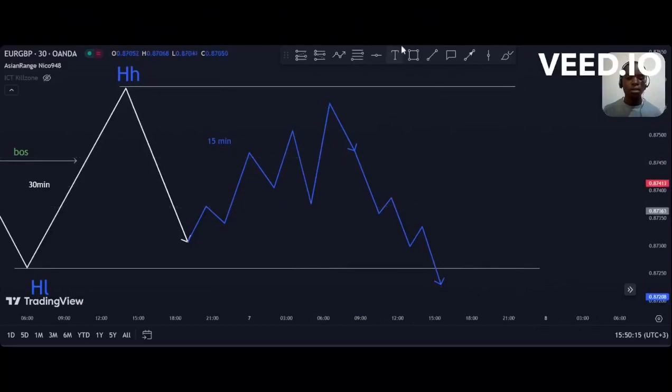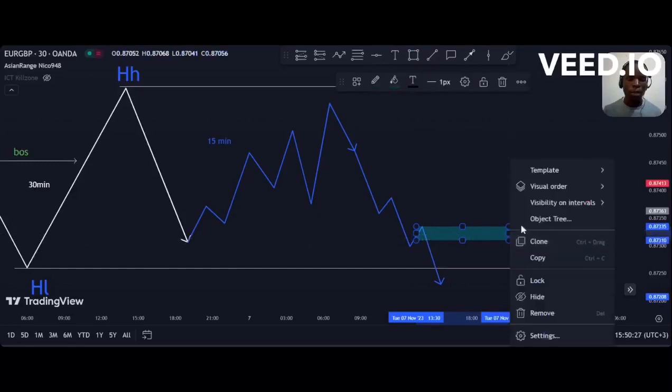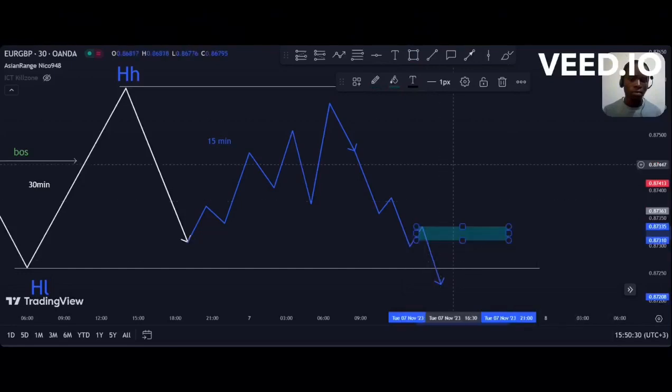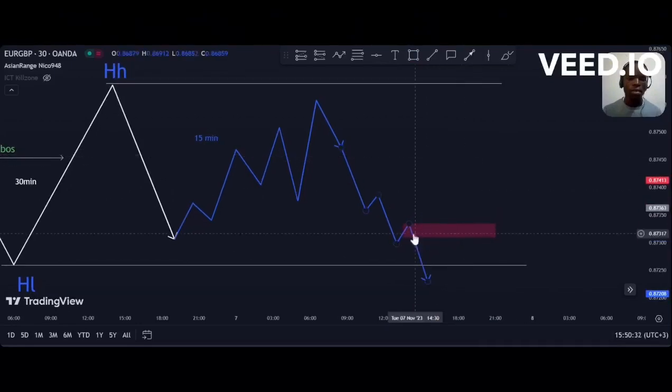The next thing is we want to see this supply that broke that previous low fail. We want to see that supply fail. The supply that broke this low, we want to see it fail before we consider the buys.